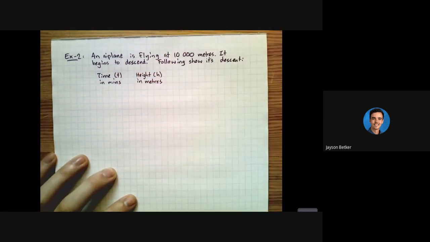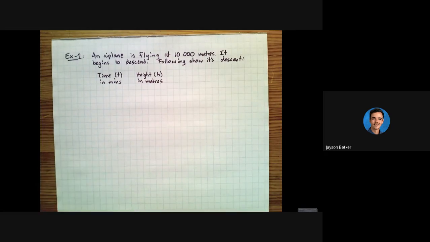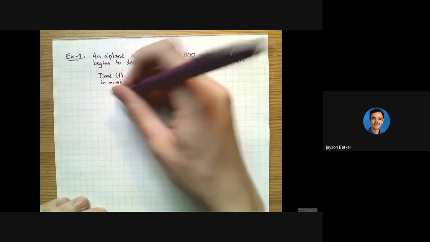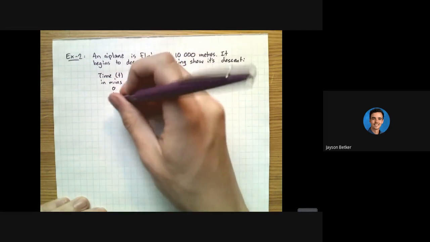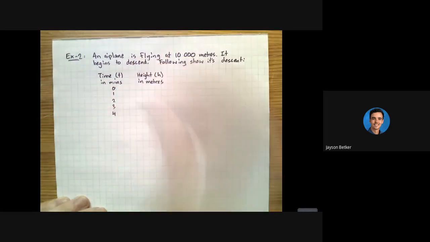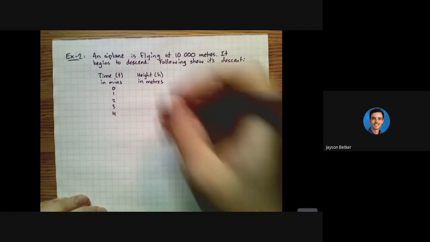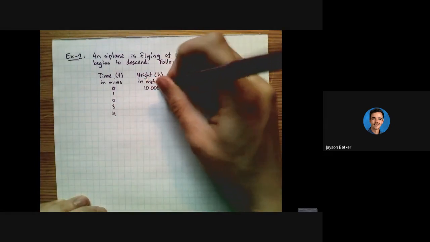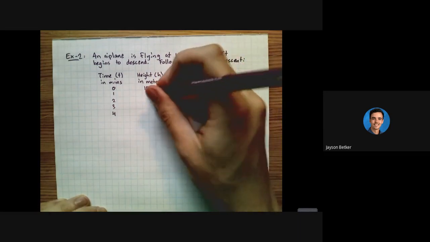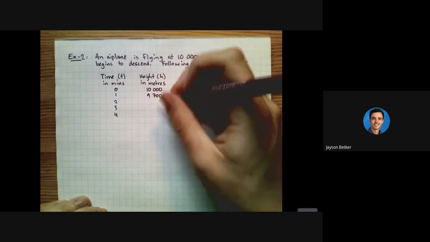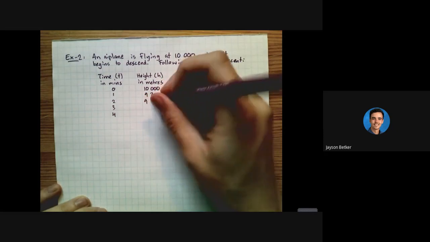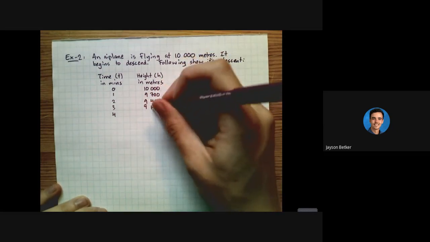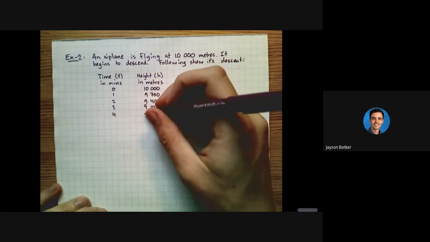All right, and then our values on the table go like this. 0 minutes to 1 minute to 2 minutes to 3 minutes to 4 minutes. And our height goes from 10,000 to 9,700 to 9,400 to 9,100 to 8,800.